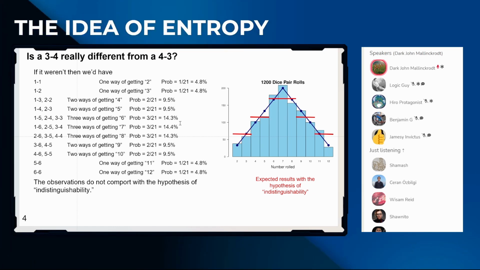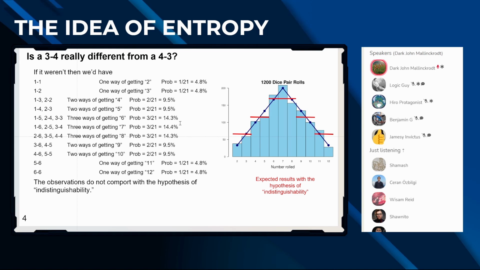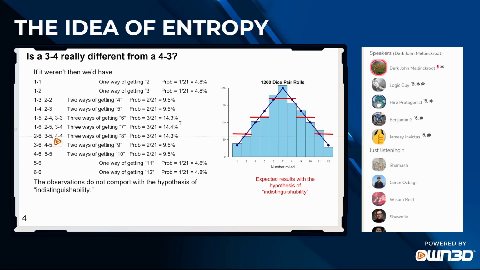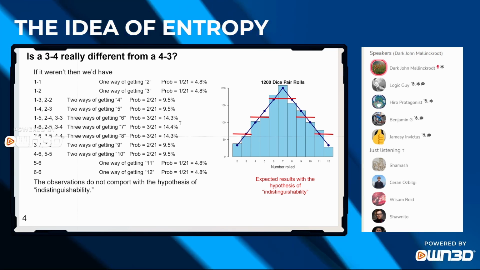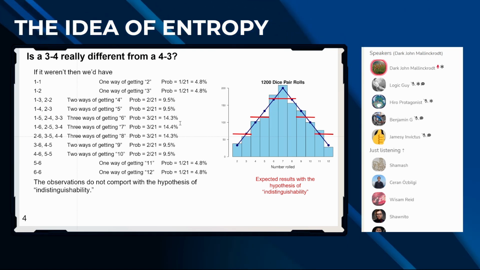But then there's also a question of distinguishability. So if you go to slide 4, we'll move on to this. Is 3-4 really different from 4-3? Because if it weren't, then our table of microstates would only have 21 elements in it. There'd be 1, 1, the one way of getting 2. There'd be 1, 2, the one way of getting 3, etc. And you'd have a very different probability distribution.